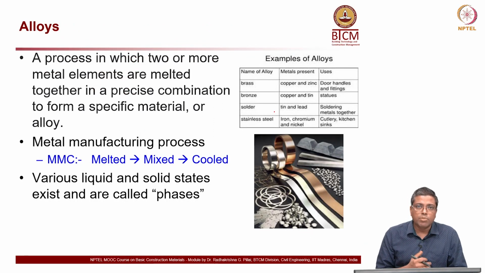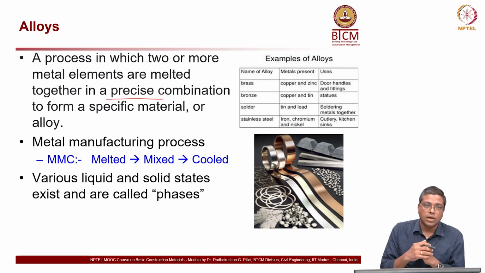Now let's talk about alloys. What is alloying? It's a process in which two or more metal elements are melted together in a precise combination. So not just mixing, but in a very precise combination to form a specific material with certain target properties.